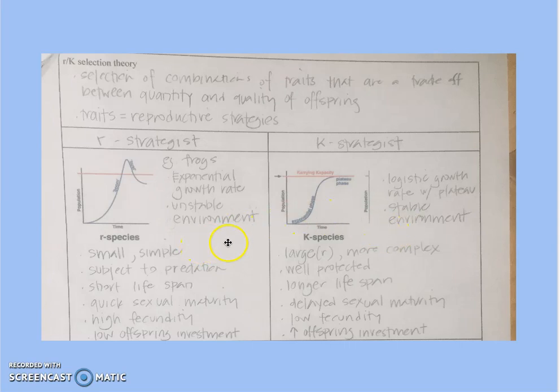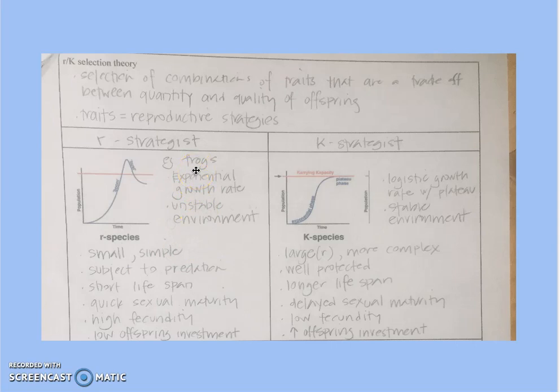So let's compare the two. I'll go back and forth to see if we can compare the different characteristics of these organisms. r strategists are going to be small, simple organisms. So frogs are small. They're not that simple, but they are relatively simple compared to more complex organisms. We also have bacteria.